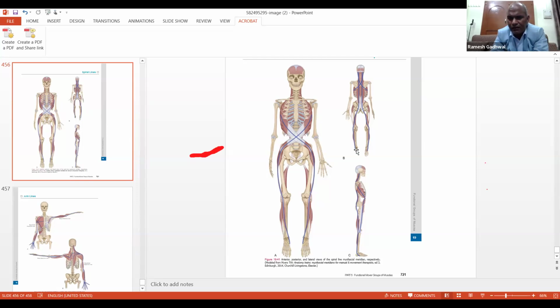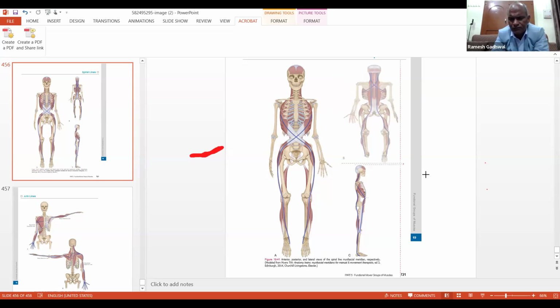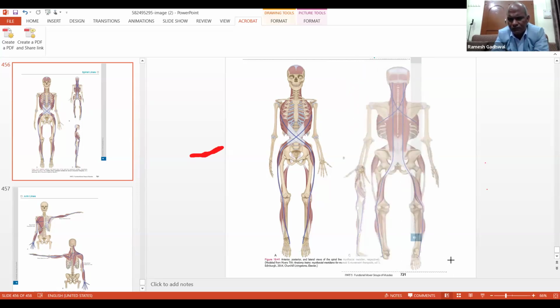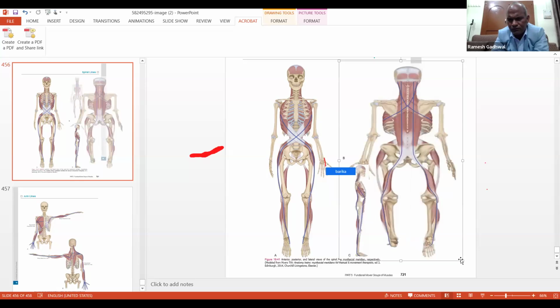It is the back line that is starting from here. You see? Then it is going over here. Then it is coming to the front, on the frontalis muscle and on the frontal bone.